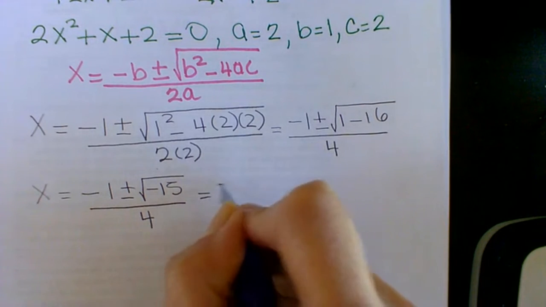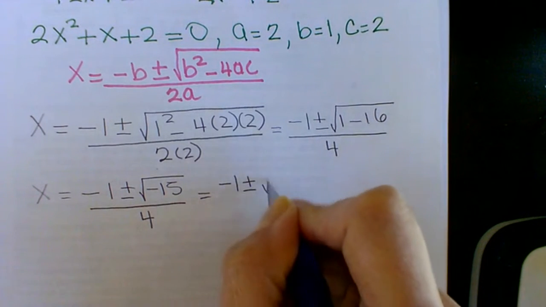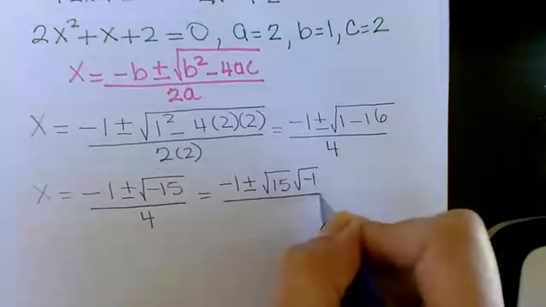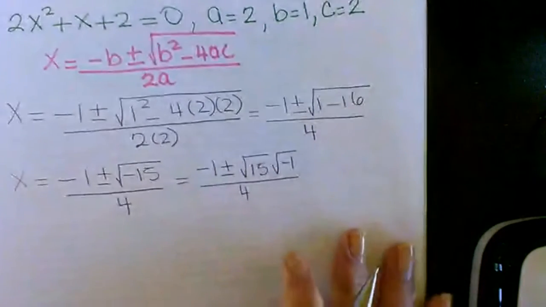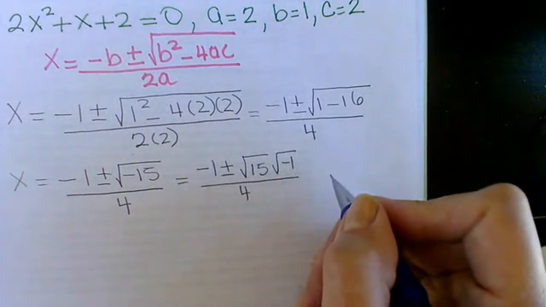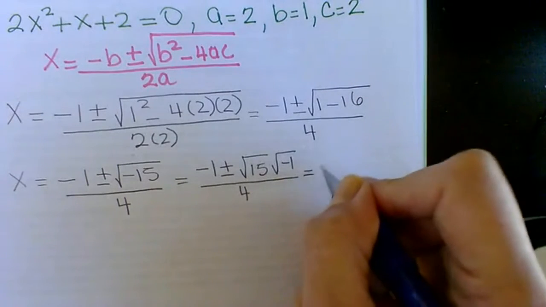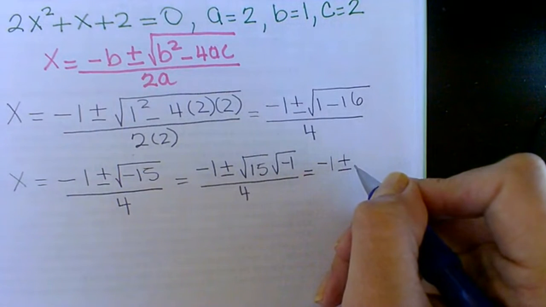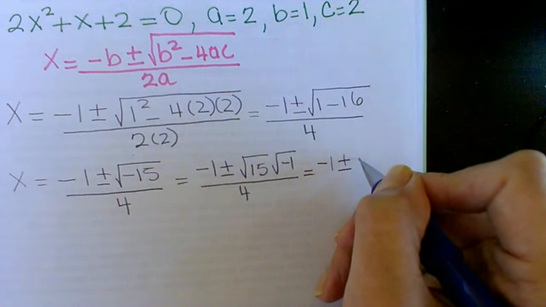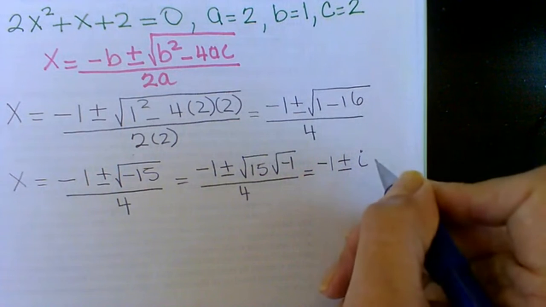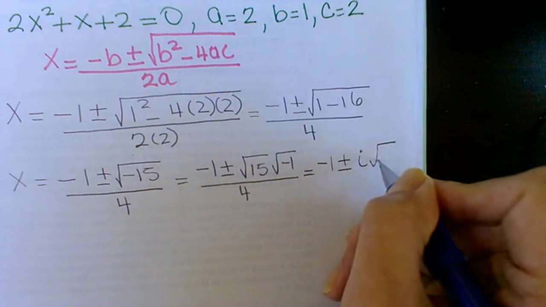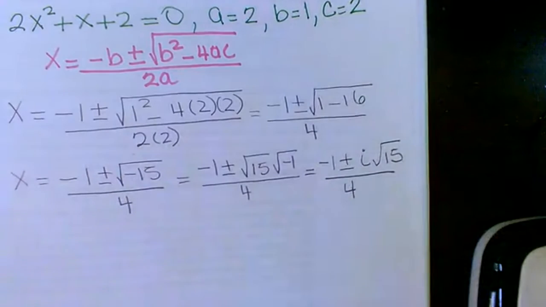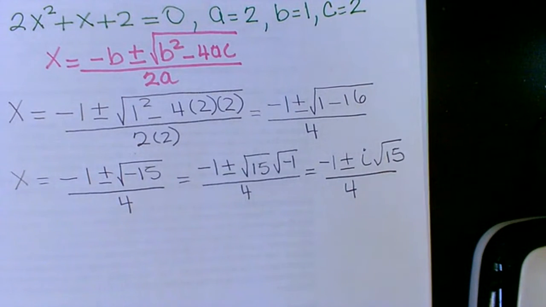So this is equal to the square root of 15 times the square root of -4. And this is equal to -1 plus or minus, what? i is the square root of -1, so i square root of 15 divided by 4. Okay?